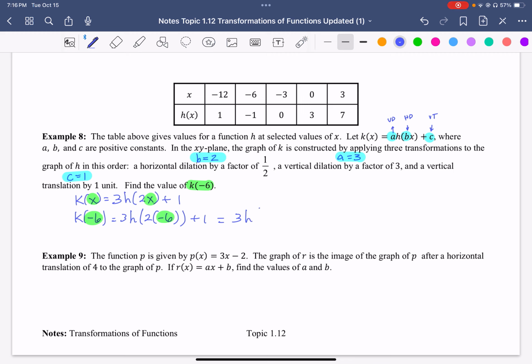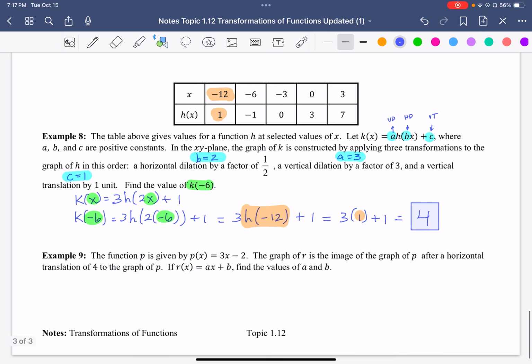That's the first step, so 2 times negative 6 is negative 12. Okay, now we have this random h of negative 12. We were given the table for h, so all I need to do is find where x is negative 12 and the y value there is 1. So I can rewrite this as 3 times 1 plus 1. 3 times 1 is 3, 3 plus 1 is 4.